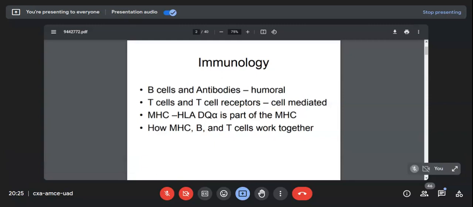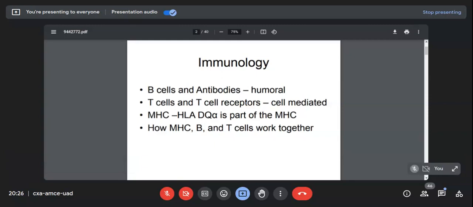Adaptive immunity is also known as acquired or specific immune system. Exactly. Thank you so much. Last time we talked about innate immunity.